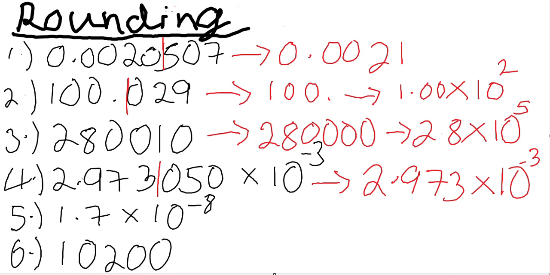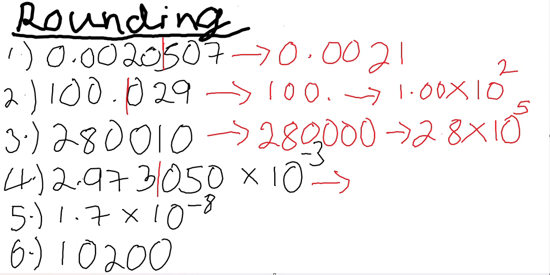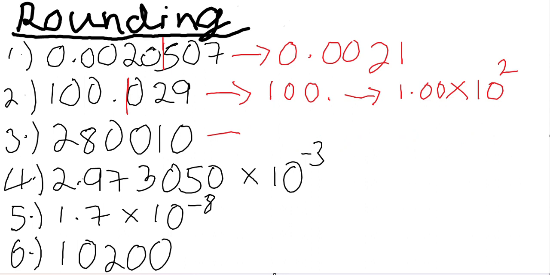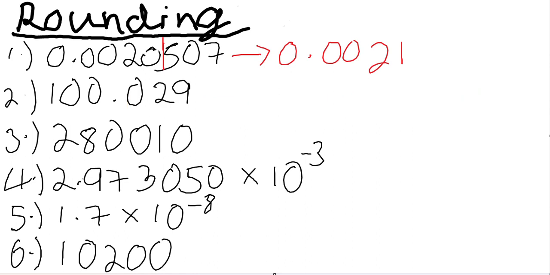Now let's change this. Let's round them to 4 less sig figs than they actually have currently, until we arrive at 1 sig fig only for all of them. So 4 less sig figs.